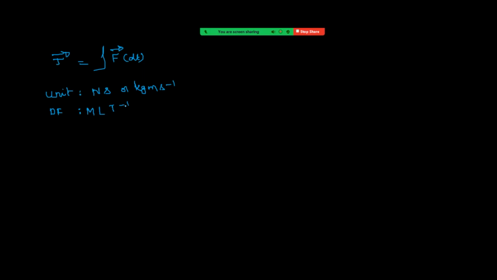That is the dimension formula. So impulse of a force acting on a particle is defined as integral F bar into dt. Direction of impulse is direction of force, right?